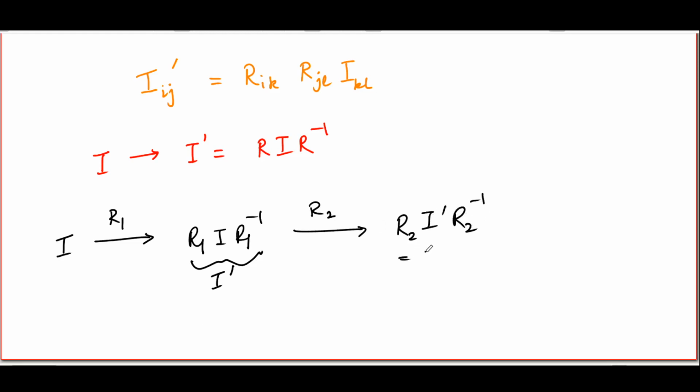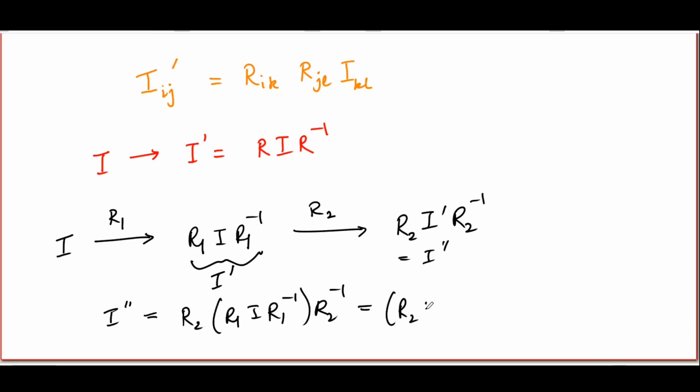And this is our final I double prime, the final form of the moment of inertia tensor in the final coordinate system. But now let us take a look at what I double prime is using what we know from matrix theory. I double prime is R2 I prime R2 inverse, but I prime is R1 I R1 inverse. So what we have, using the fact that matrix multiplication is associative, is that this is given by R2 R1 I R1 inverse R2 inverse.